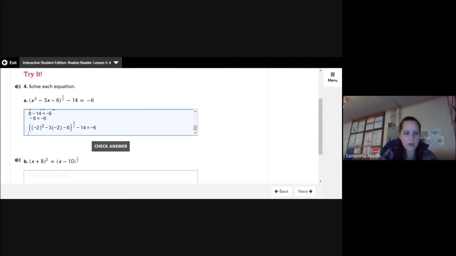Minus 6 is 4. So 4 to the 3/2 minus 14 equals -6. 4 to the 3/2 power is again 8. So 8 minus 14 equals -6. So -6 equals -6. So they are both solutions.